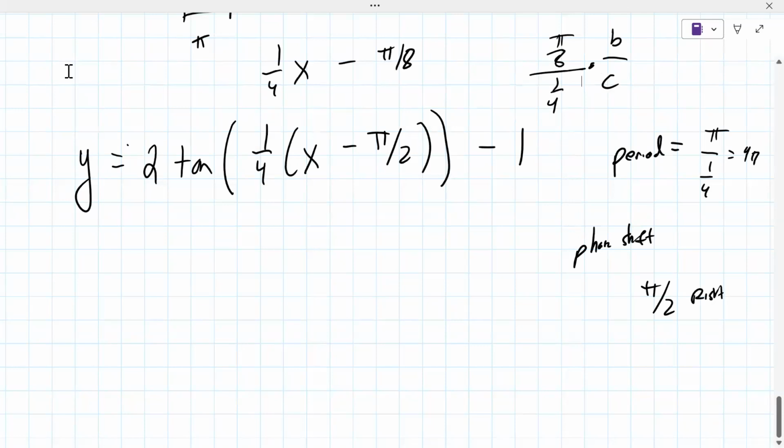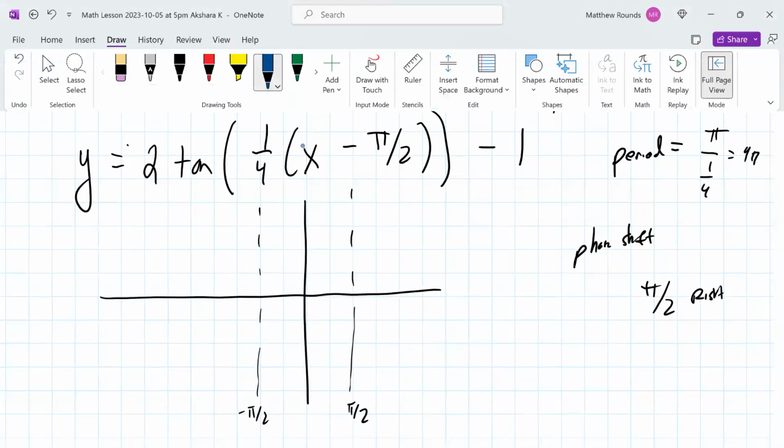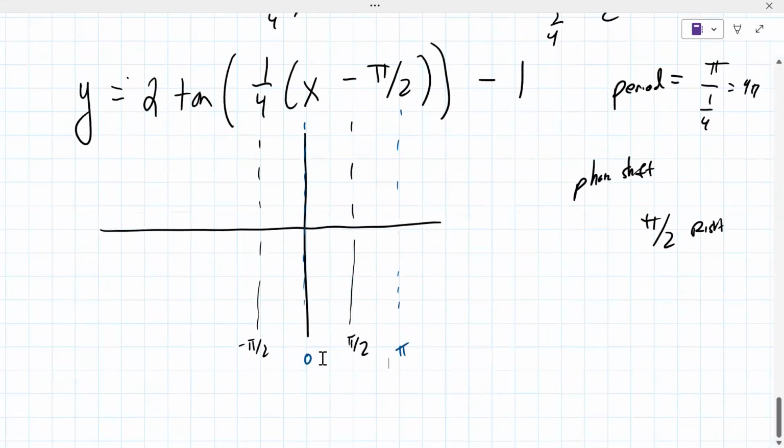So it's the normal graph, which if you remember, the normal graph here is minus pi over 2 to pi over 2. You phase shift to the right. So where does that put the new ones? It puts them here at 0 and pi. You always do the phase shift first, but the width between them has got to be 4 pi.